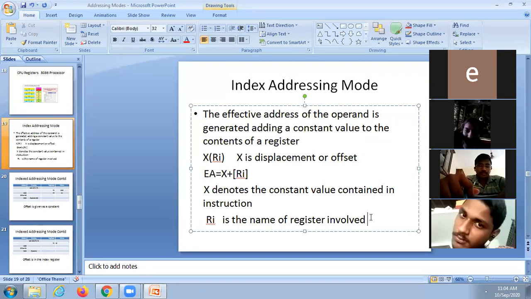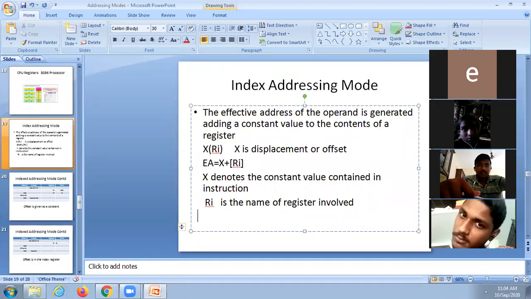In the previous example, X is 20 and R1 within the brackets, that is the address, is 1000.